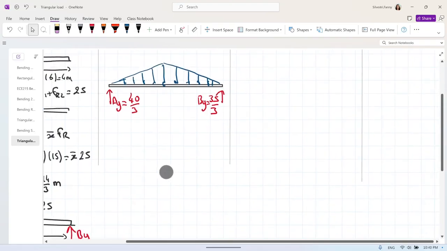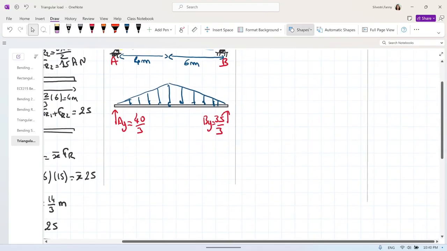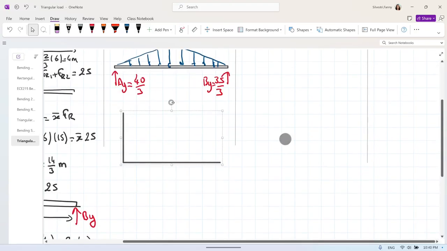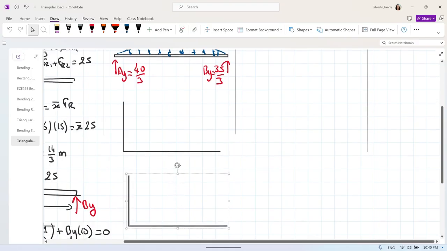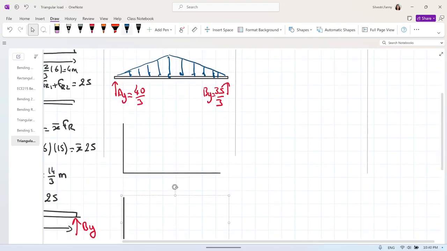So let's start to draw the shearing diagram. I'm trying to use the tools that are provided a little bit more than what I was doing. Where we'll have some changes is what is important to draw.